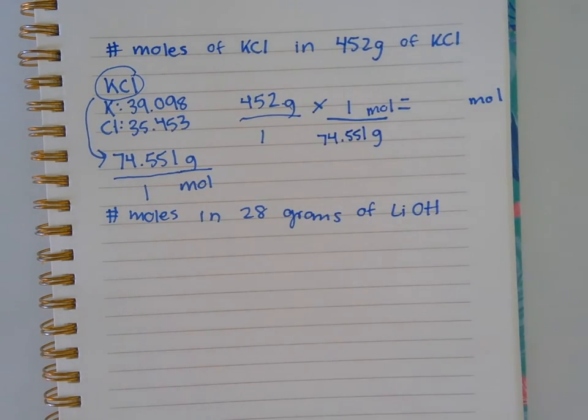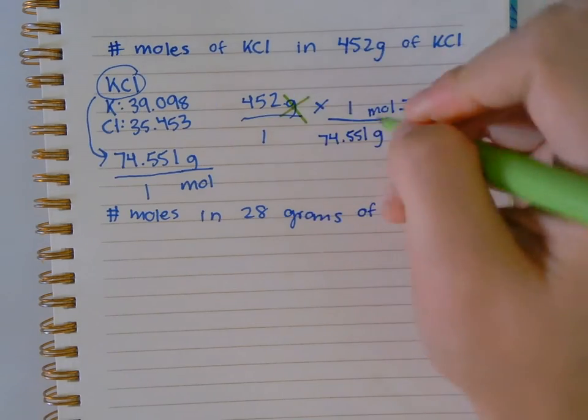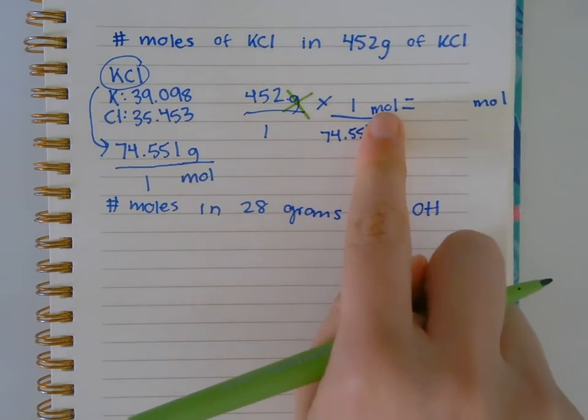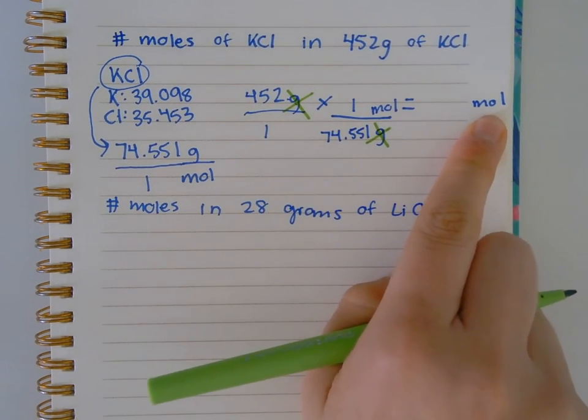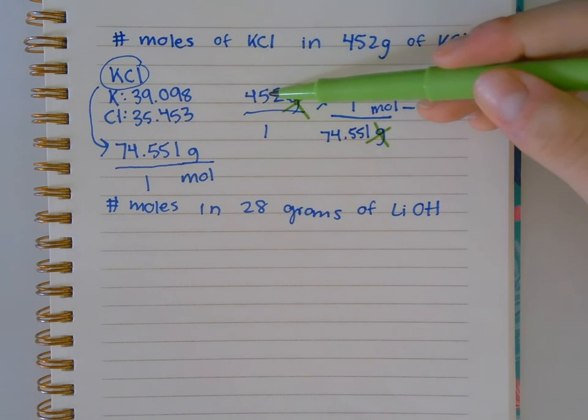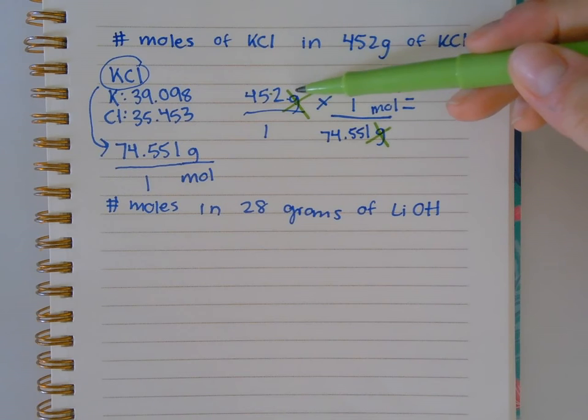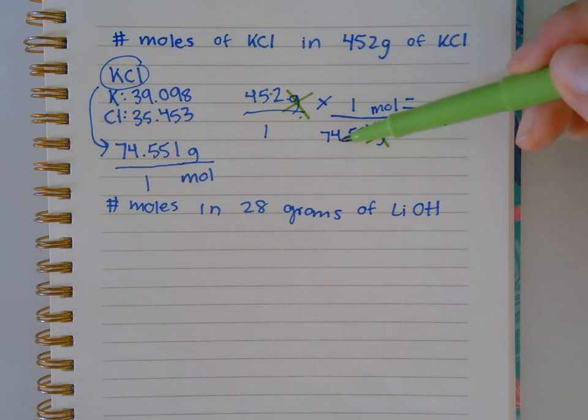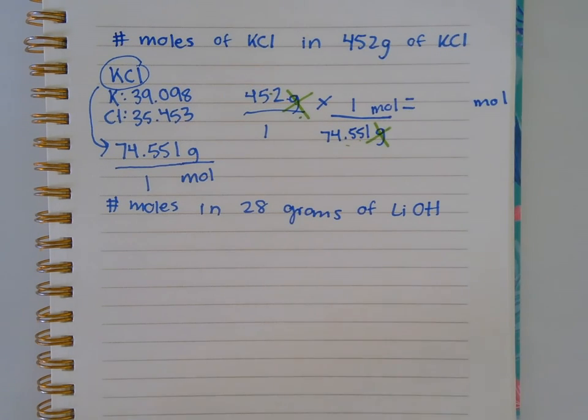in 1 mole, I have 74.551 grams. And now all that I have to do is just solve this equation. So the grams cancel out. I only have moles left, which is what I want. And now I have to multiply or divide. So 452 times 1 is the same thing, divided by 74.551.